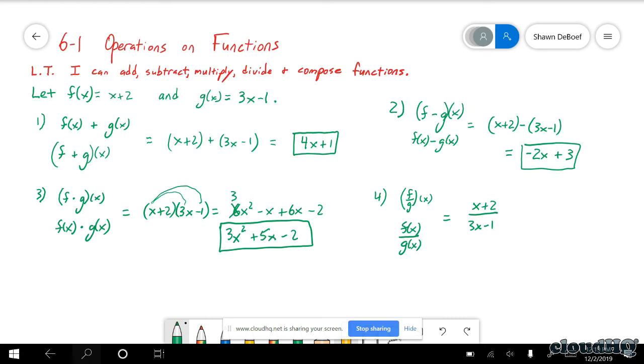What's unique about this one that would force me to think about my domain? There is an x value that I can't use. x cannot equal 1/3. That is my domain restriction, but why is that? I need to indicate that x can't be that. What would happen if x was 1/3?